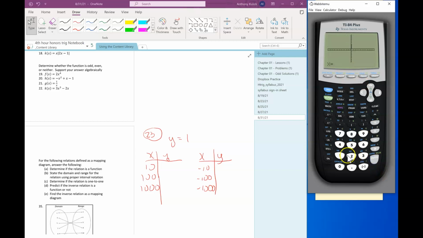Using the value command, I can just plug in. So 10 gives me 1.1. And then 100 gives me 1.01.